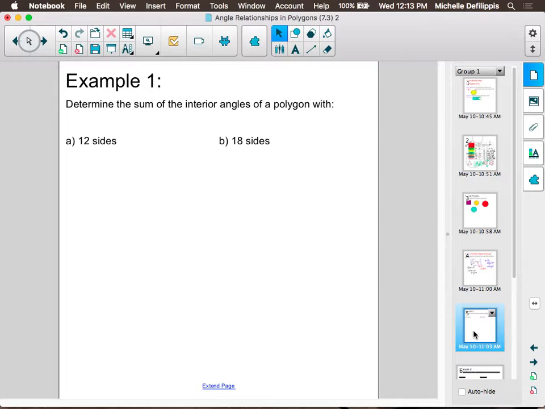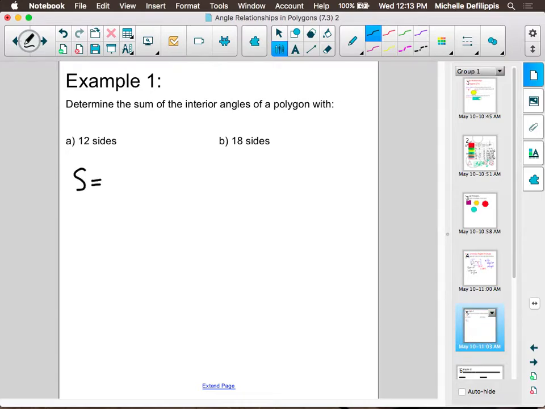All right, so here we want you to determine the sum of the interior angles of a polygon. First one with 12 sides. Well, we just took a look at the equation. We know that the sum is equal to 180 times n minus 2. If it has 12 sides, then we're plugging in 12 for n, and the equation tells us to subtract 2.